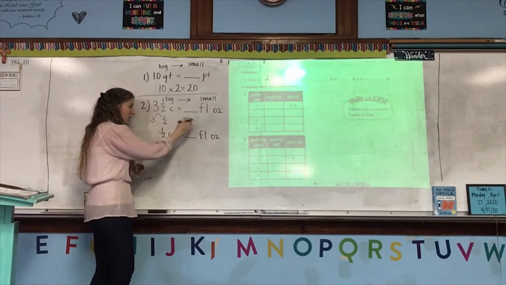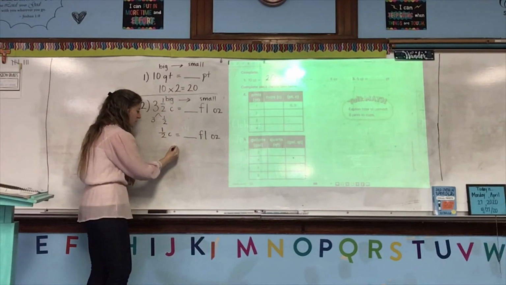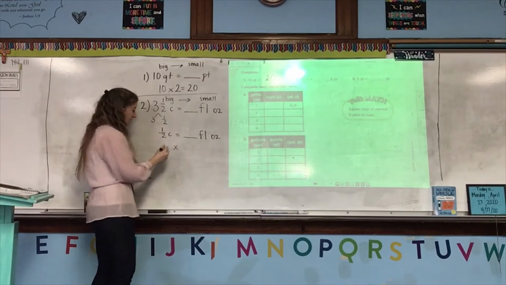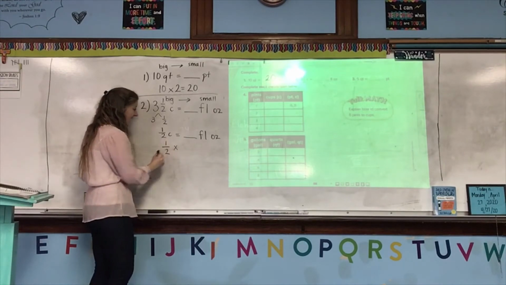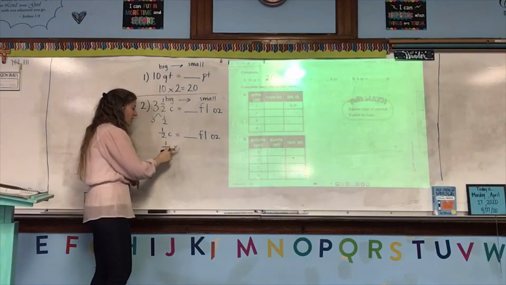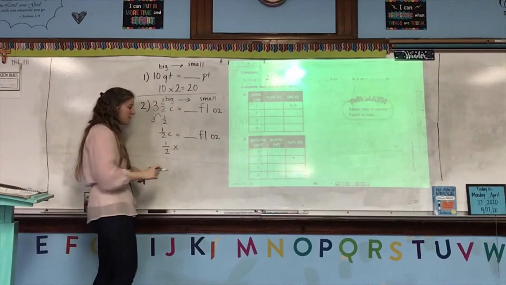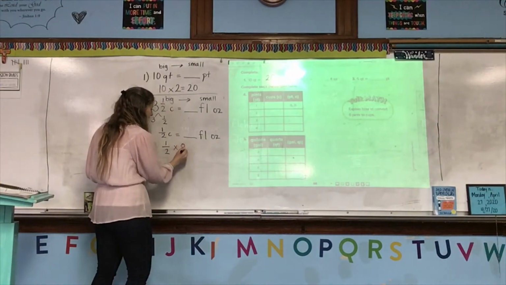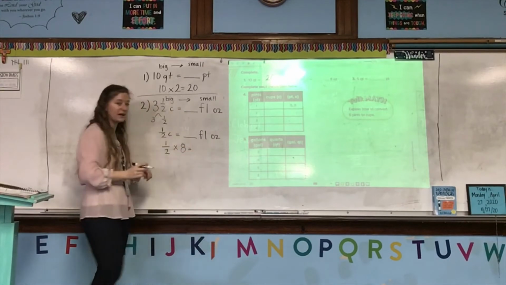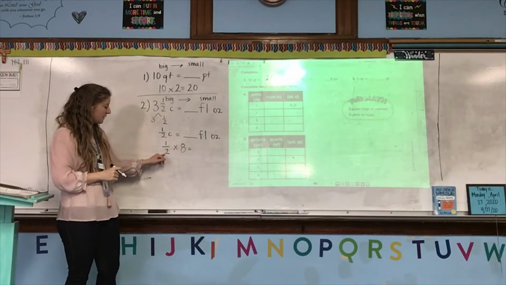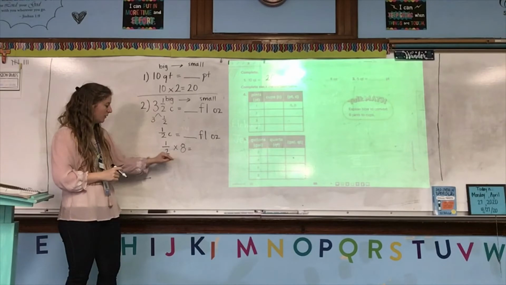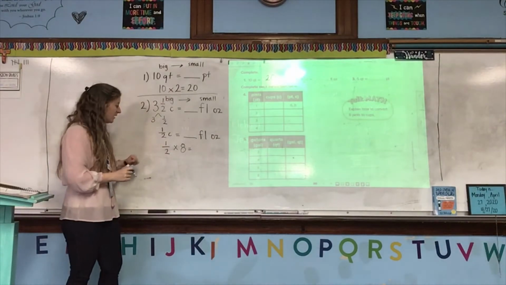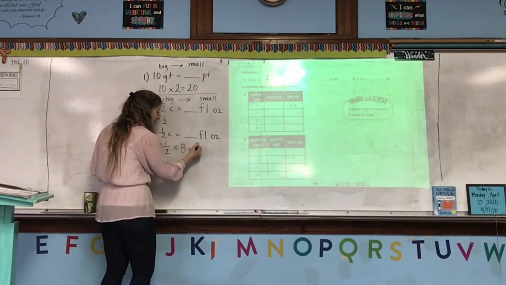Well, we know cups are bigger than ounces, so we are going to multiply. We start with what we know, which is 1/2. We multiply, we can't multiply by the number of cups in a cup, so we multiply by the number of fluid ounces in a cup. When we multiply fractions, we multiply the whole number by the numerator of the fraction. 8 times 1 is 8.